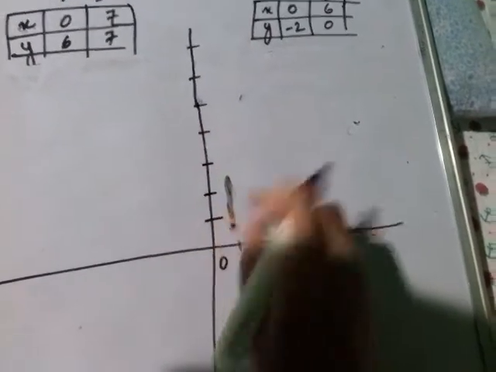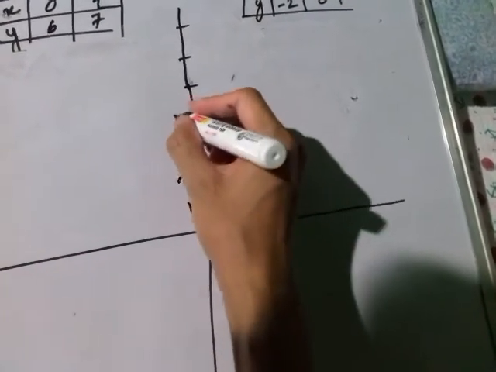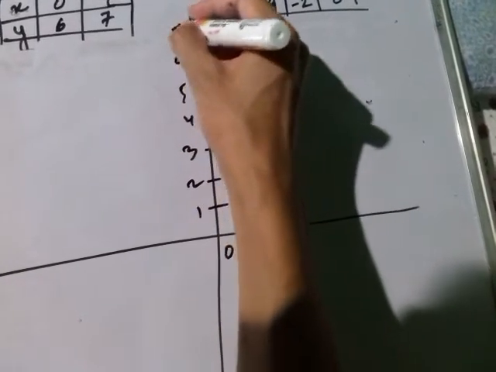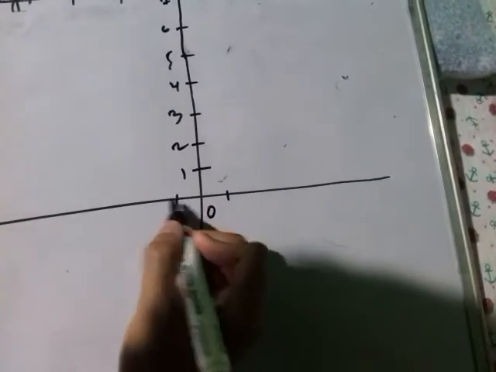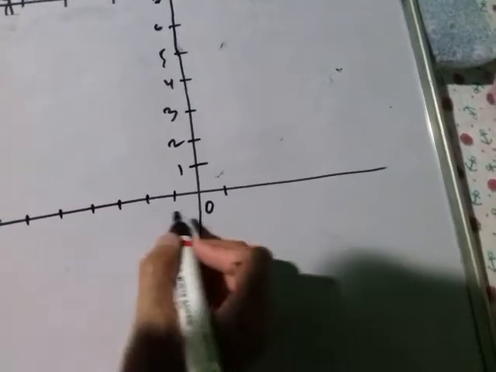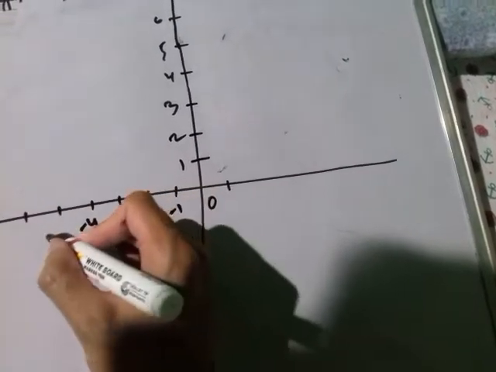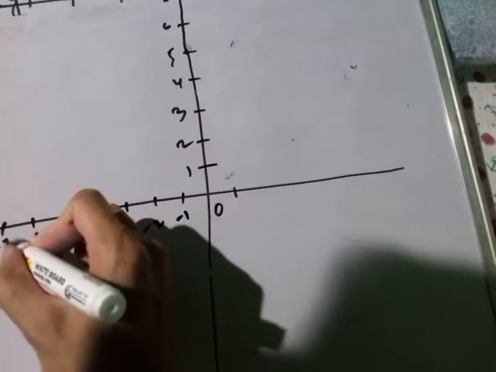Don't put it here, put it on this side: 1, 2, 3, 4, 5, 6, 7. So this will be the positive side, and here will be negative: minus 1, minus 2, minus 3, minus 4, minus 5, minus 6, minus 7.